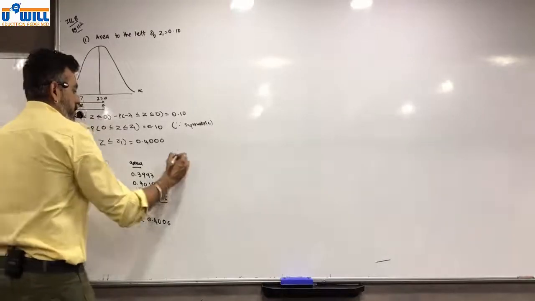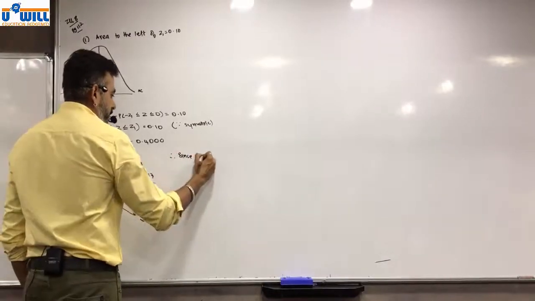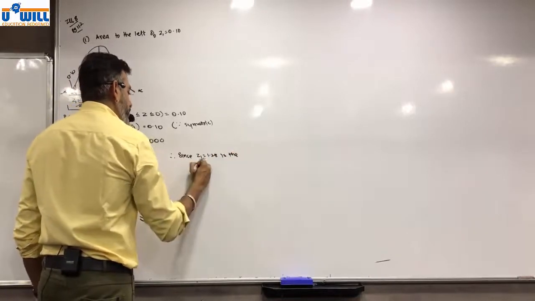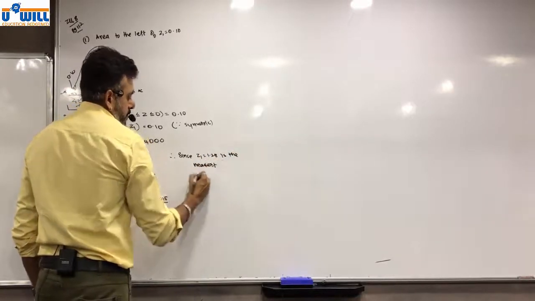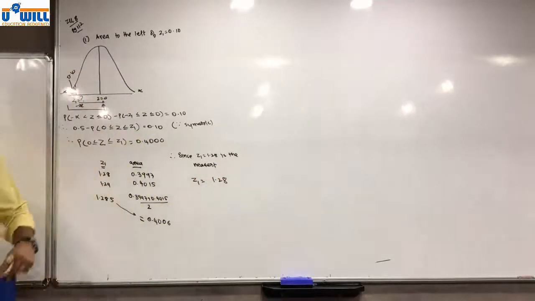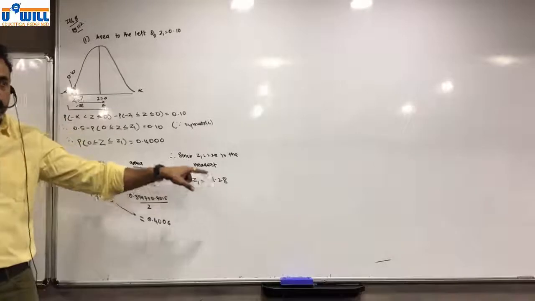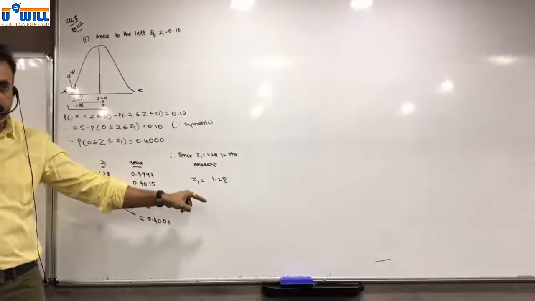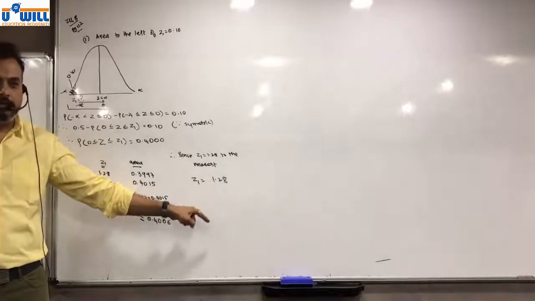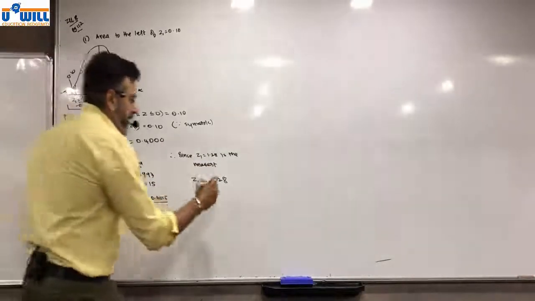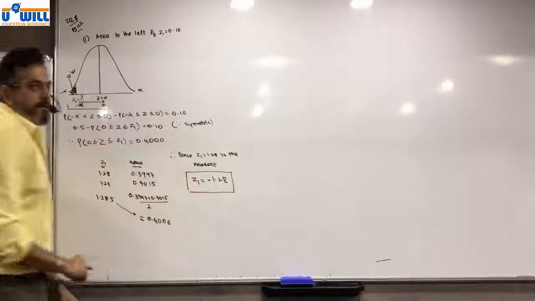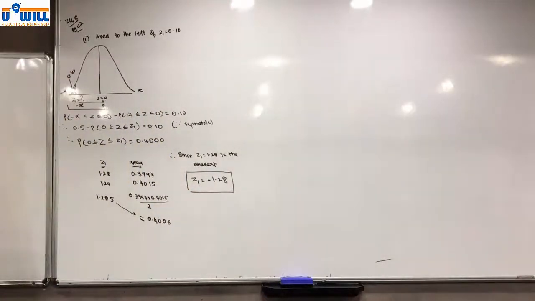Therefore, since Z1 is equal to 1.28 is the nearest, Z1 is equal to 1.28. Is this the answer? No, then what's the answer? Minus, don't forget it, minus 1.28. Got it, all of you?